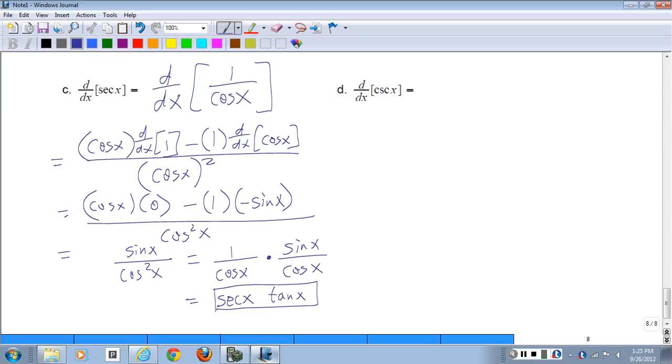So derivative of secant x is secant x times tangent x. Reasonably easy to remember. If we can remember that, I'm going to try to resist the temptation to show all the work for this one. d/dx of cosecant x is real close to that. Cosecant x, cotangent x, negative. Yes, would be negative.